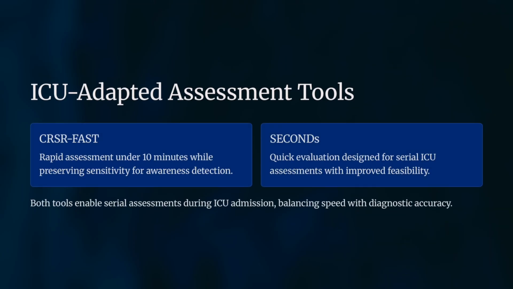For this purpose, ICU has adapted it into CRS-R FAST, a rapid assessment which can be done in under 10 minutes while preserving the sensitivity for awareness detection. It is a quick evaluation designed for serial ICU assessment with improved feasibility. Both tools enable serial assessment during ICU admission, balancing speed with diagnostic accuracy.